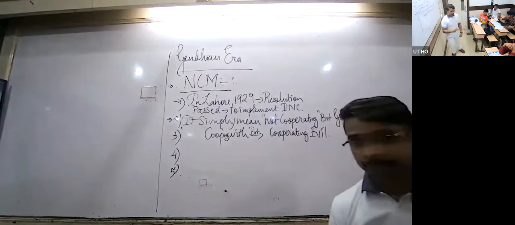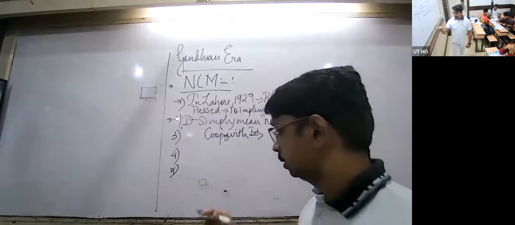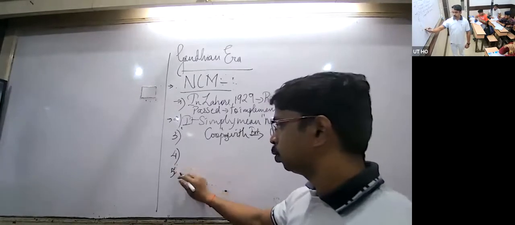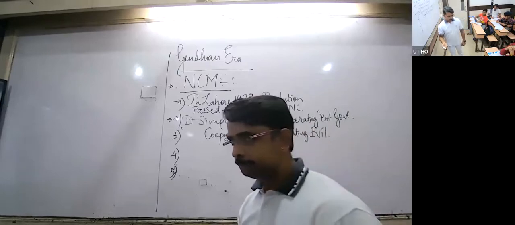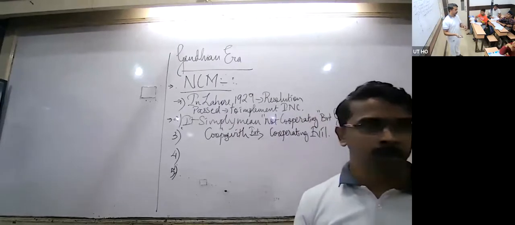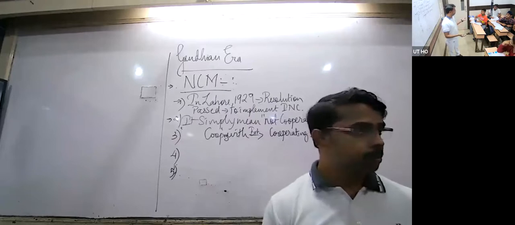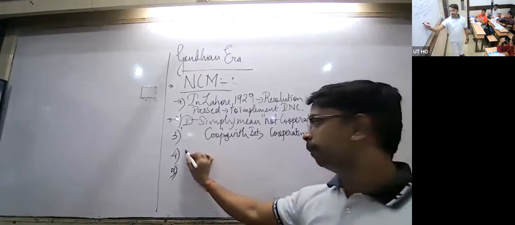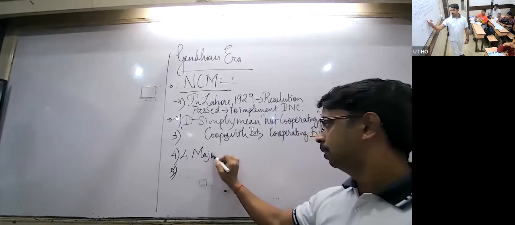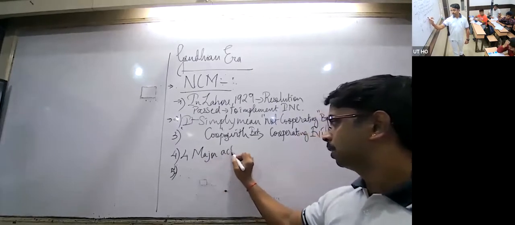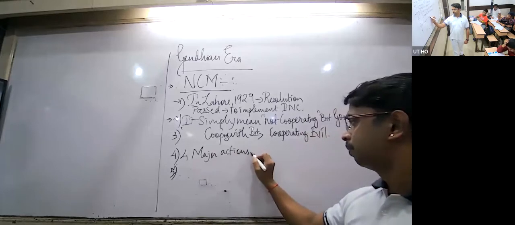Fourth point. Gandhiji asked the people not to assist the government. That is, not to cooperate, but in what sense? Sir, by boycotting their goods. Okay, the boycott is only one. There were four major actions taken. What were they?